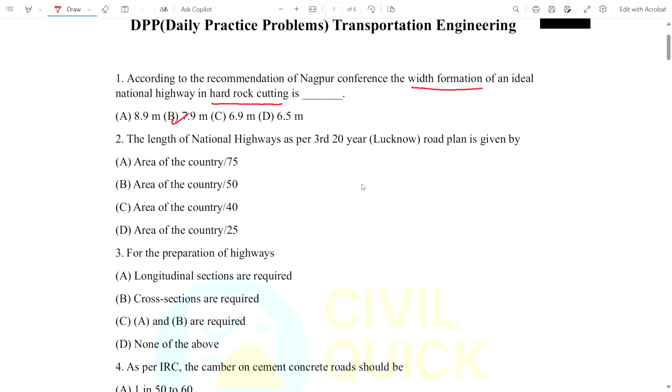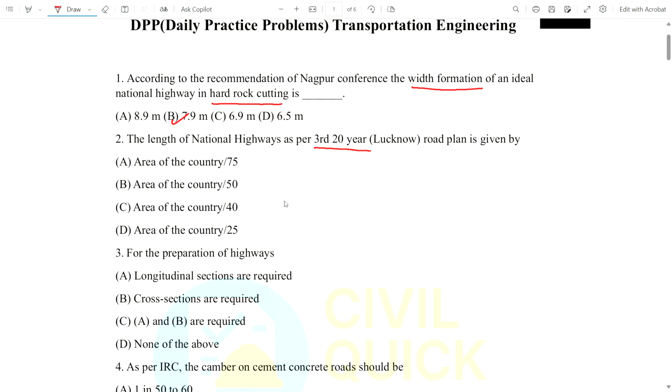The length of a national highway as per the third 20-year Lucknow road plan is given by which formula? We can use: the length of national highway as per the third 20-year Lucknow plan is given by area of country by 75, or area of country by 50, or area of country by 40, or area of country by 25.